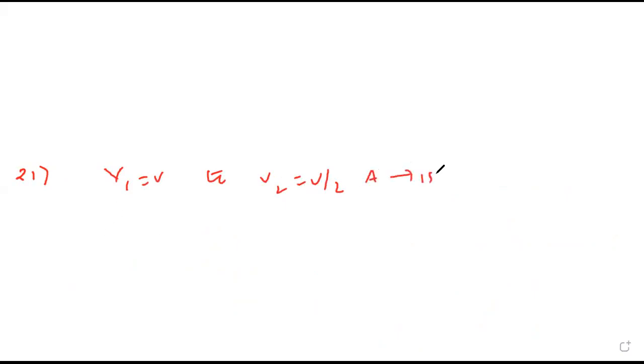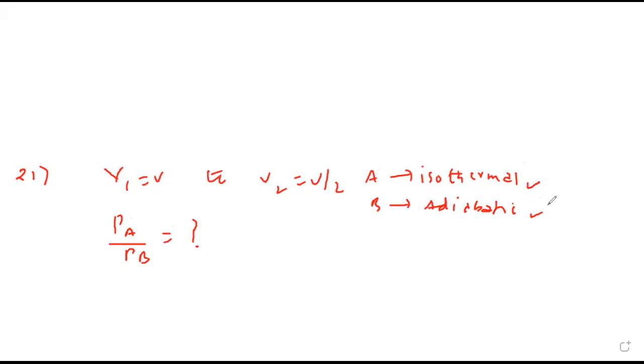A isothermal and B adiabatic. The final pressure of A will be how many times B? So you want the relation between pressures, first isothermal, then adiabatic.